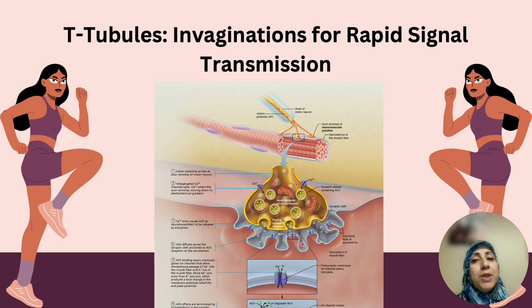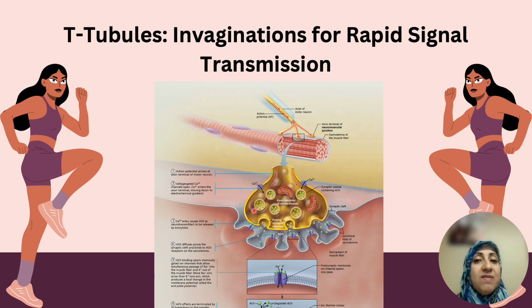When an action potential travels along the sarcolemma and down the T-tubule, it triggers the release of calcium ions from the SR into the cytosol, the aqueous component of the cytoplasm of a cell. That helps with excitation-contraction coupling.